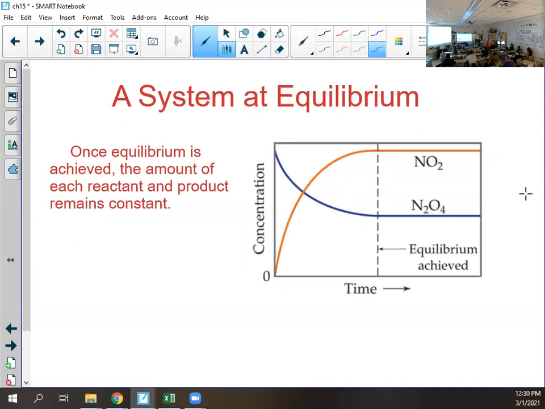Once equilibrium is achieved, the amount of each reactant and product remains constant. Now, this chapter very quickly will jump into math. The math is not that bad as long as you learn it. But don't let the math confuse you.